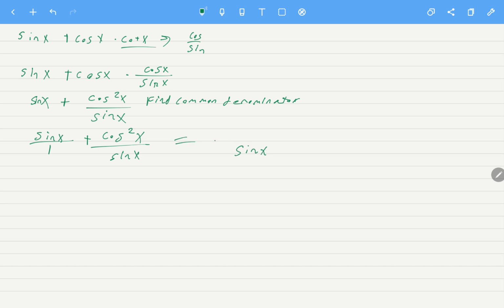The common denominator is sine of x. This is 1, so we have this, and then this is just sine squared x, because sine x times sine x is sine squared x, and then plus cosine squared x divided by sine is 1, and 1 times cosine squared x is cosine squared x. There we go. Now we are getting somewhere.